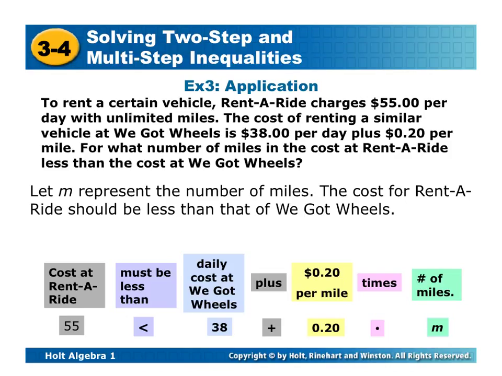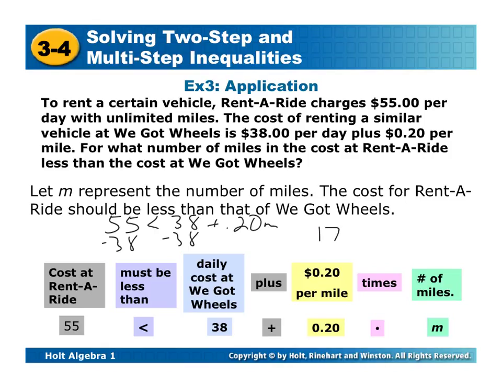So if we went and solved that, we had 55 is less than 38 plus 20 cents per mile. First we would subtract the 38 because we have to figure out how many dollars we have to make up. So if we do our 55 minus 38, we get a value of 17.